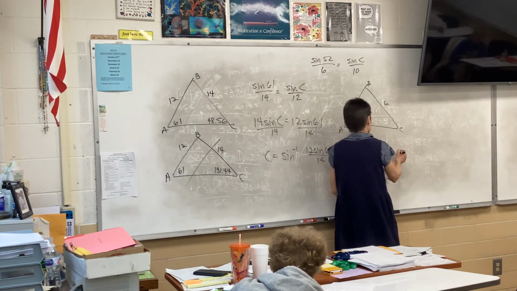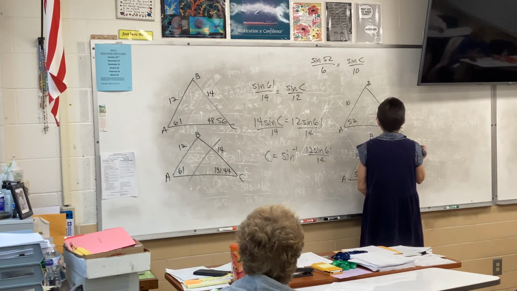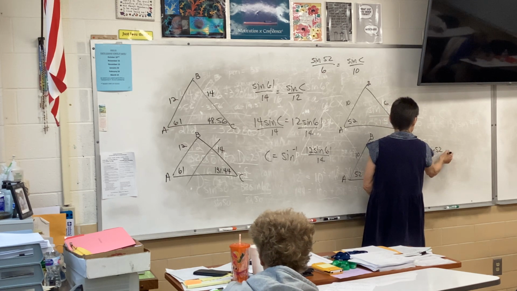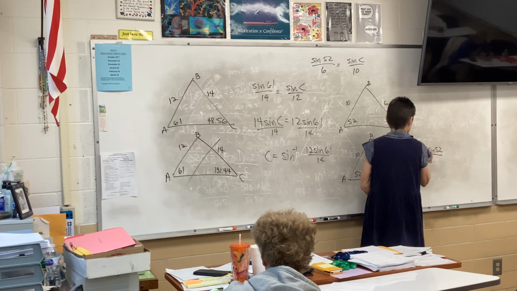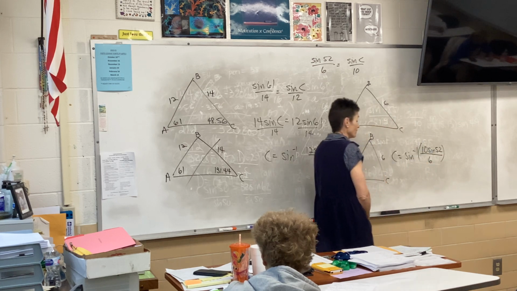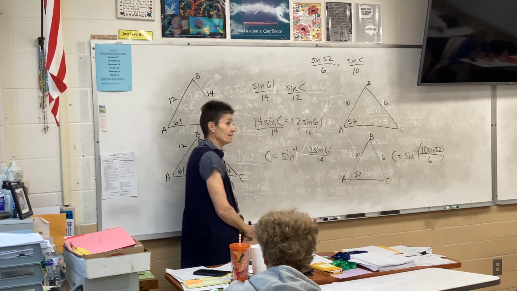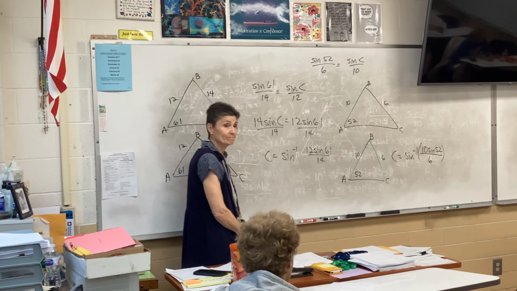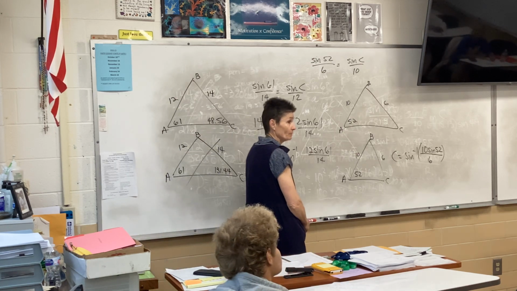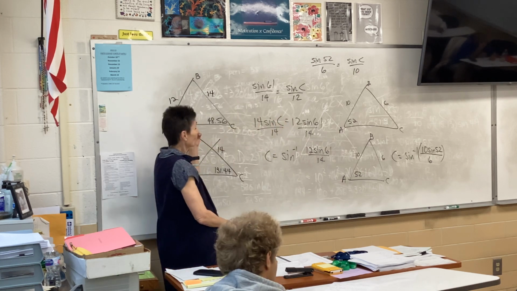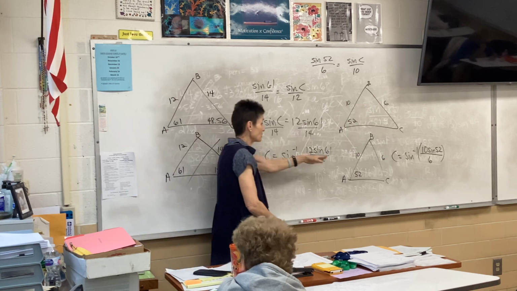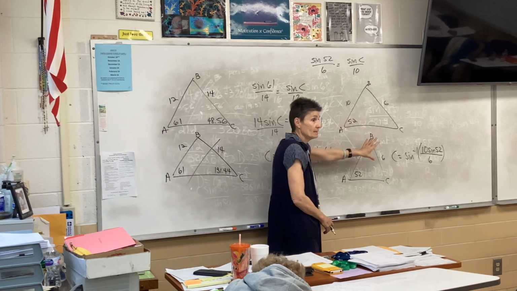What you should have typed in is second sine 10 sine 52 divided by 6. That's what you should have typed in. And if you did type that in, you get error. So how many triangles are possible? 0. So this one had 1, and this one ended up having none.